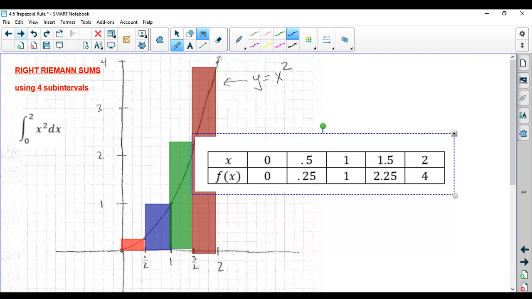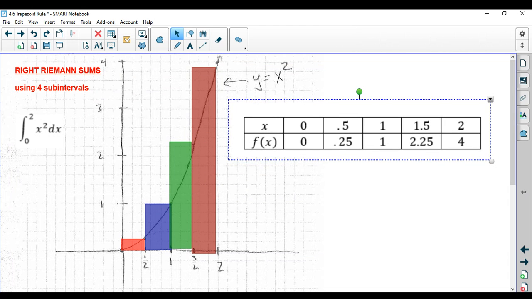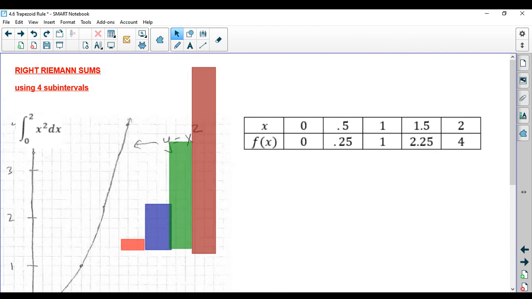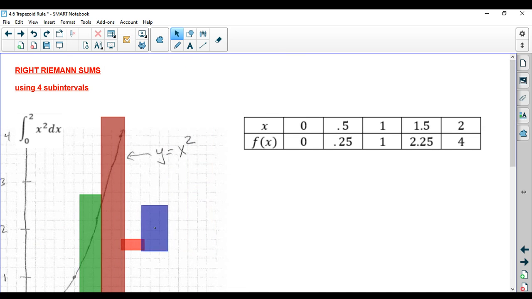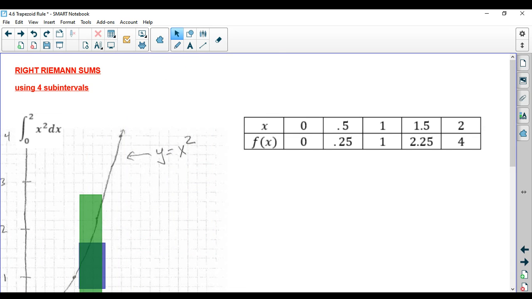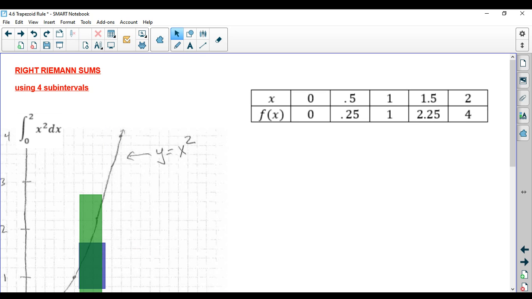So now what it asks me to do, write Riemann sums. You're going to take the area of all these rectangles. Now don't ignore this for now. Let's just focus on the table.